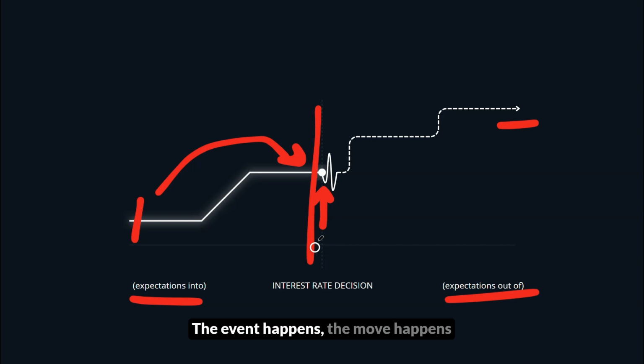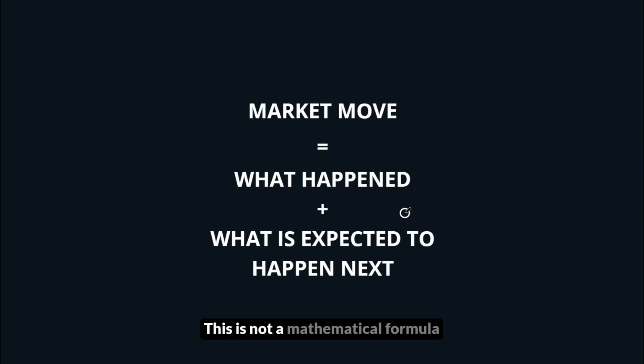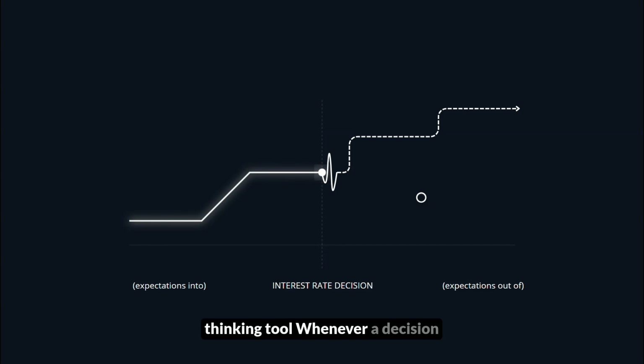The event happens, the move happens accordingly in the minutes of the event to what's expected, but then the trends, the swings after the event are dictated by what's going to happen next, the expectations out of the event. This is not a mathematical formula you need to calculate, but it's a thinking tool. Whenever a decision or data release arrives, ask what the market expected before the event and then what it's expected after the event. And if nothing meaningful changed, then there's nothing to do.